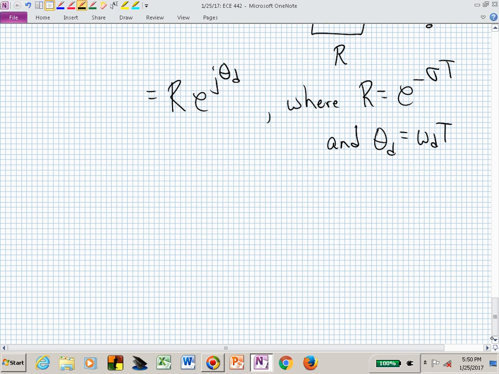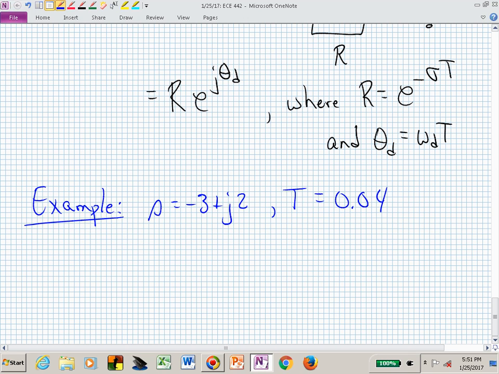Let's now plug in some numbers if these variables are just floating around in your head. Let's look at the specific numbers that we talked about before. Suppose S, again, is this minus 3 plus j2, and capital T is 40 milliseconds, or 0.04. Now we can say Z is equal to e to the S, which is minus 3 plus j2 times T, which is 0.04.